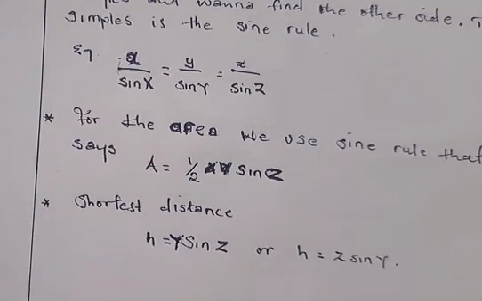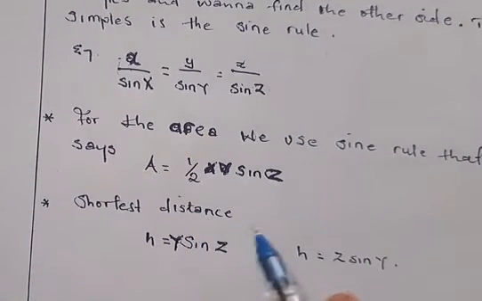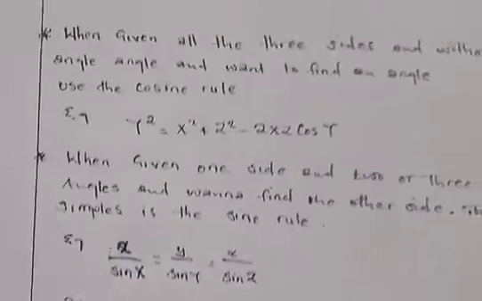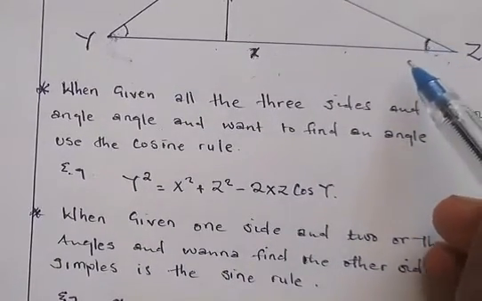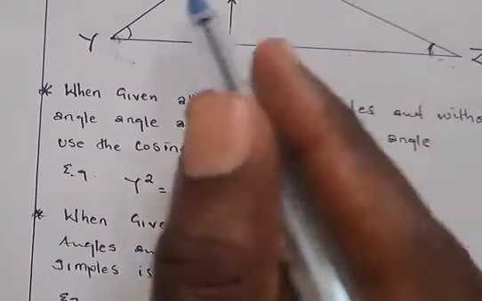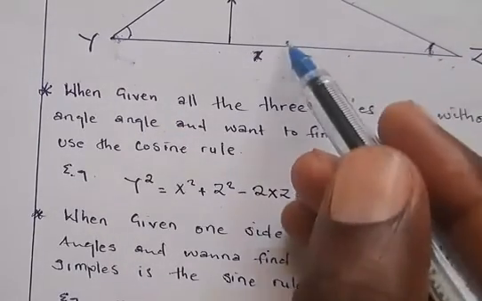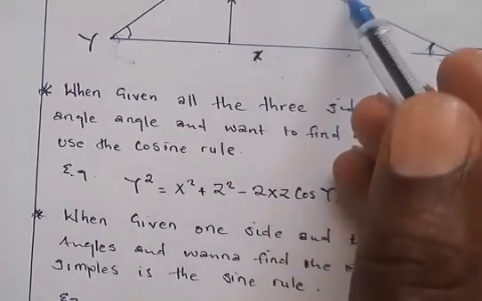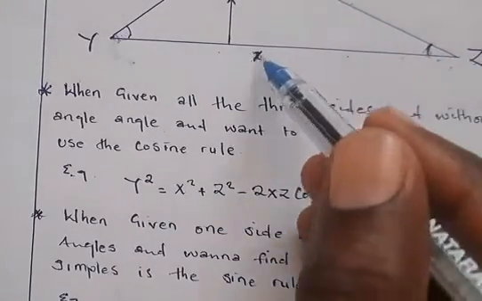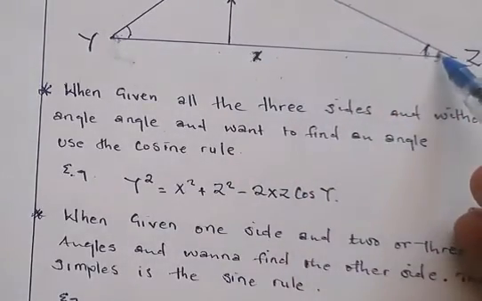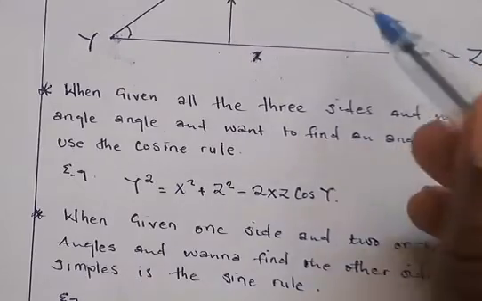So for example here, let's say we've been given the angle z. This angle has been given. So what would the area be? The area of this triangle is going to be half xy sine z. So that will be the area.